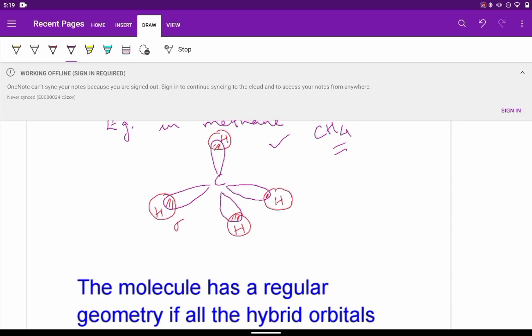There are 4 sp3 hybridized orbitals in the carbon atom, and each of them forms a sigma bond with the s orbital of a hydrogen atom. So we have 4 sigma bonds between the sp3 hybridized orbitals of carbon and the s orbital of hydrogen.